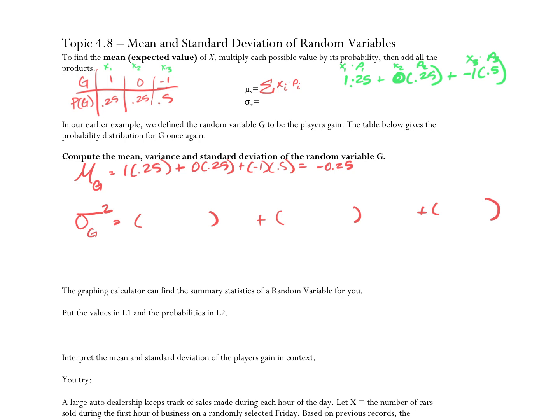Okay, so this 1 is one of my observations, correct? And the mean we just figured out was -25 cents. How far away is gaining $1 from the -25 cents? 1.25, yeah? Okay, so what you're going to do is the observation minus the mean.